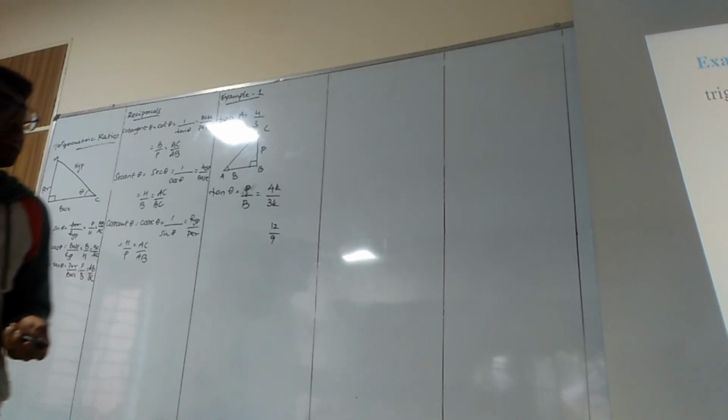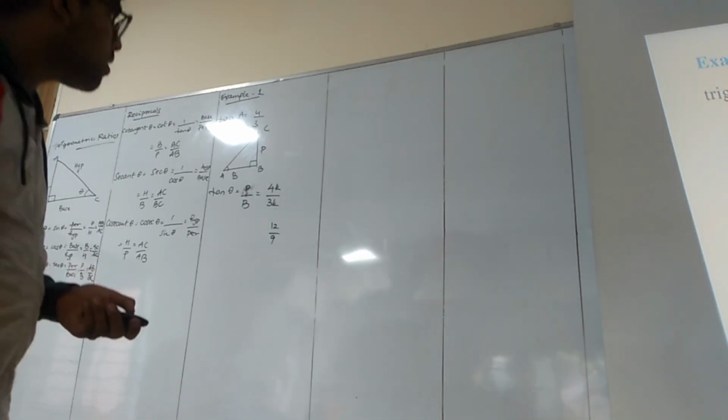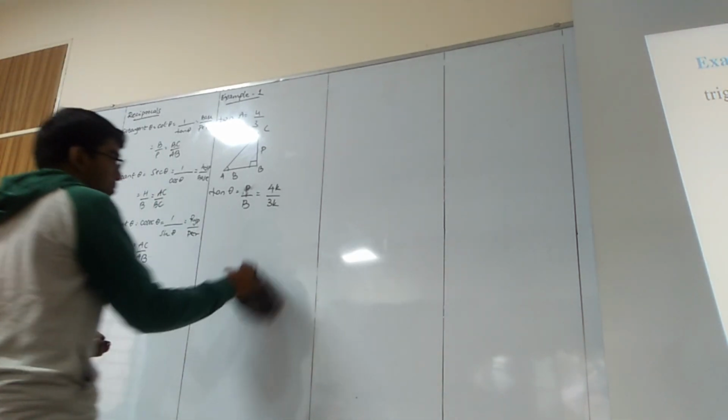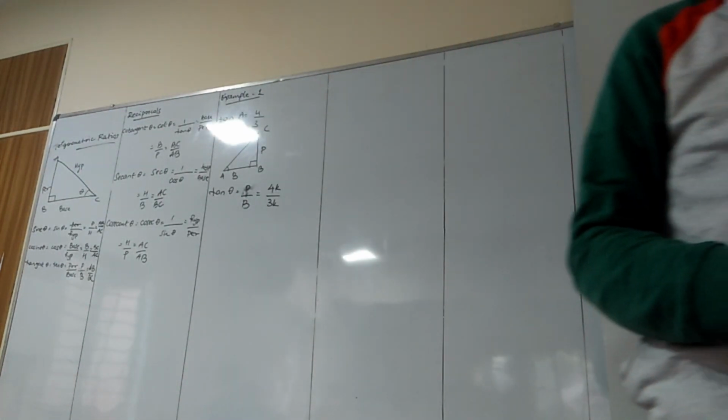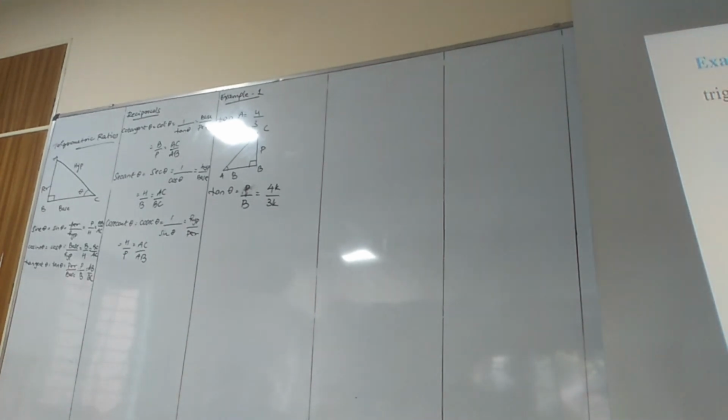So what have they asked us to find? Find the other trigonometric ratios. Very simple. Write it for the sides. We should find that.